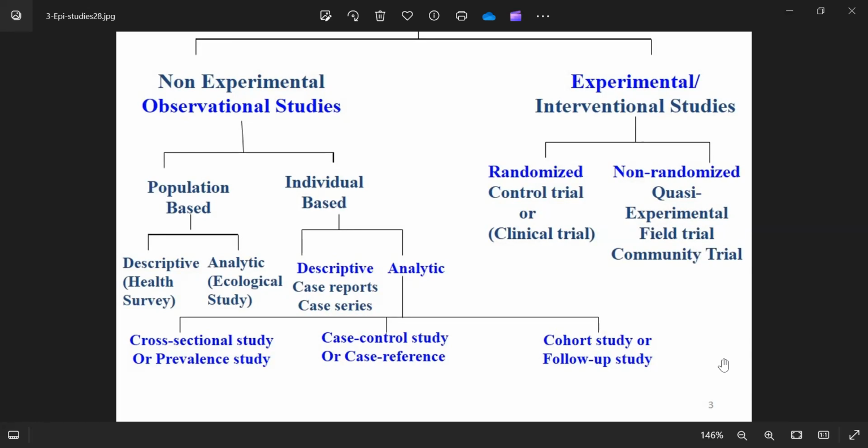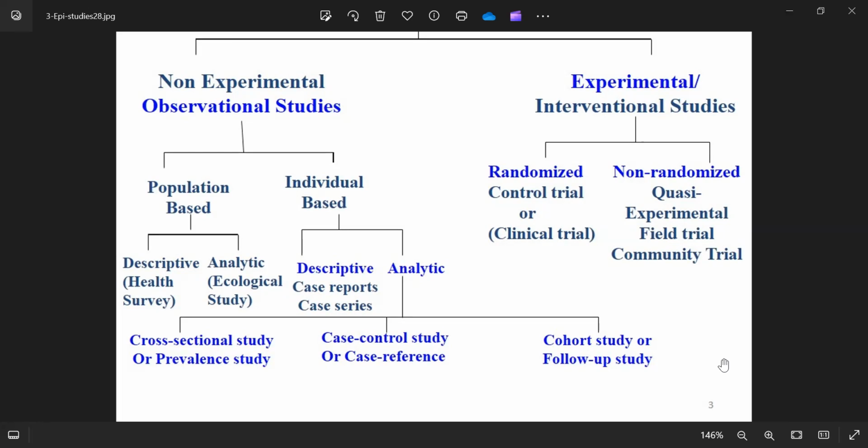One of the main ways of understanding these patterns, causes, and determinants is through research. So in our specialty, we focus on epidemiological research designs.